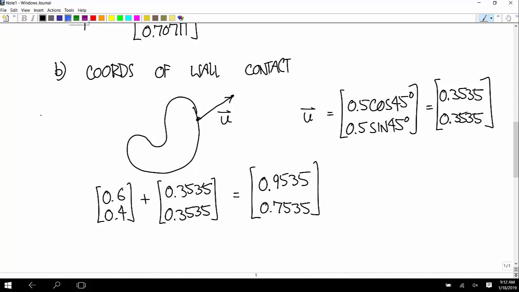Okay, so this gives the coordinates at the wall contact.